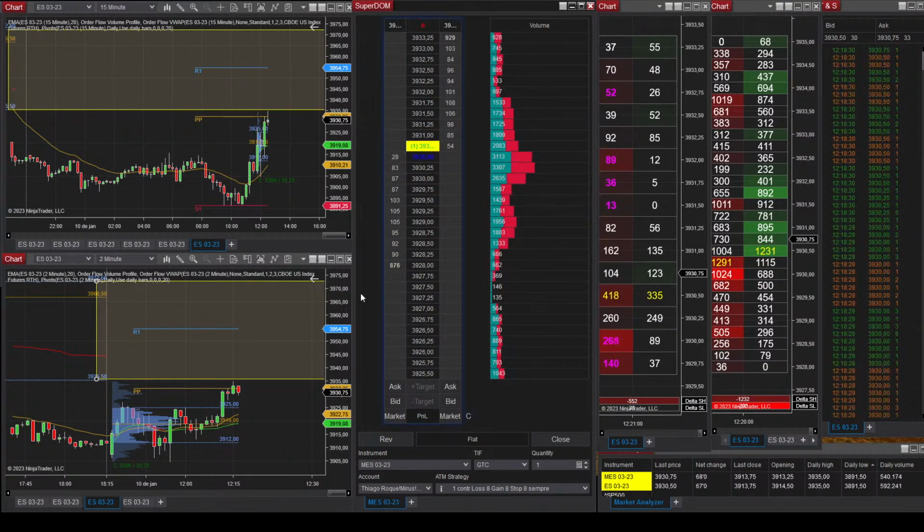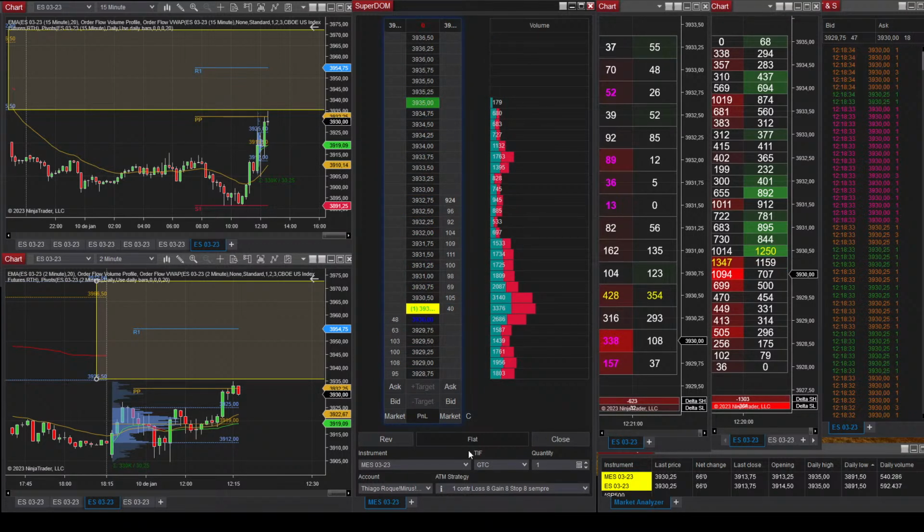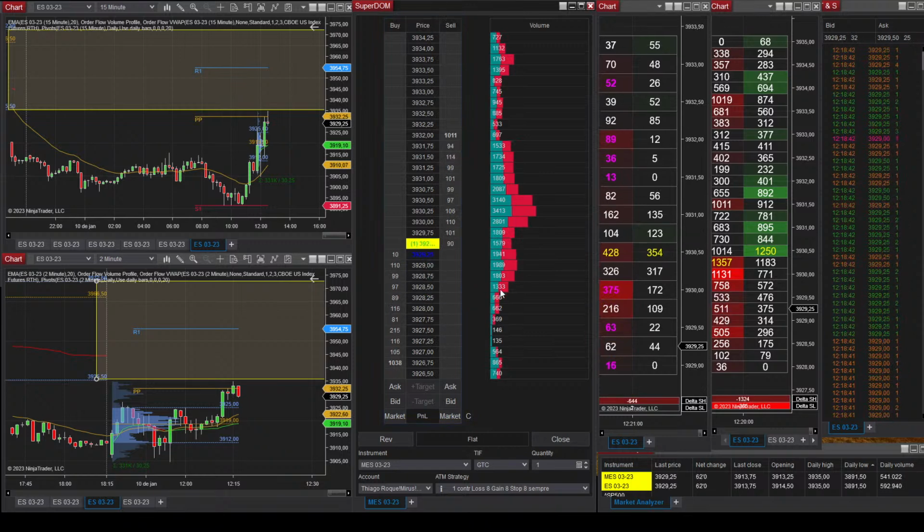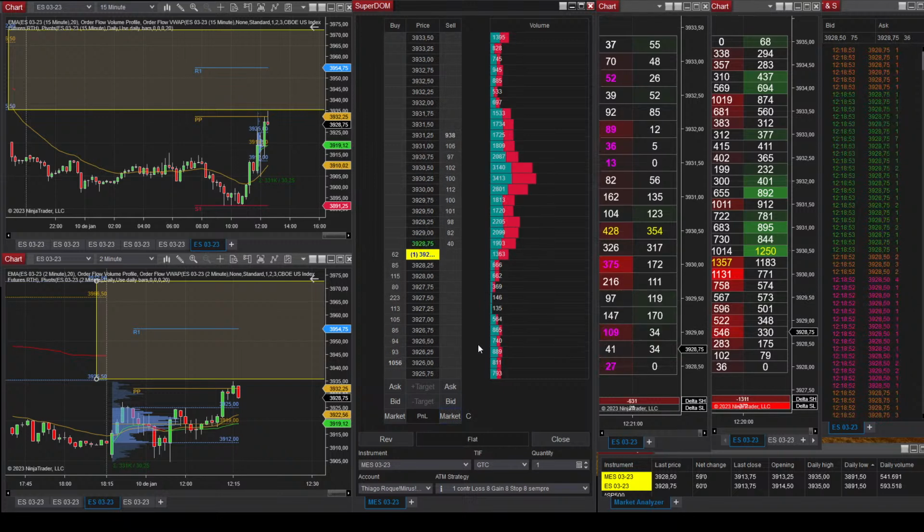Let's see here. We see that the 35 value area low rejected at the first attempt, the first try. We have the bottom of the range here. In theory, it's not that usual to break out right the first time. Many times we see a reaction of at least 2-3 points.